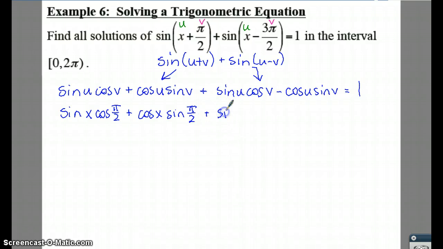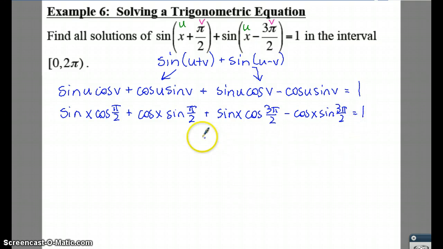Plus, the sine of u in this case is an x, and your v for your second equation is 3 pi over 2, minus your cosine of x times your sine of 3 pi over 2. So let's just go through and evaluate everything that has a pi in it.